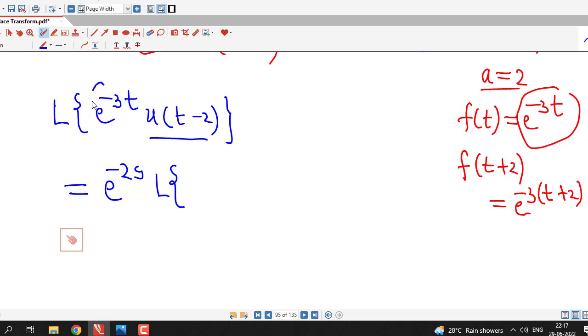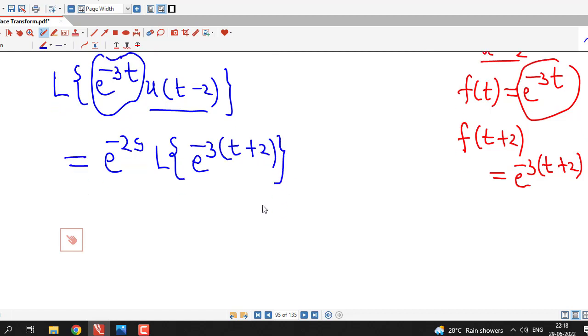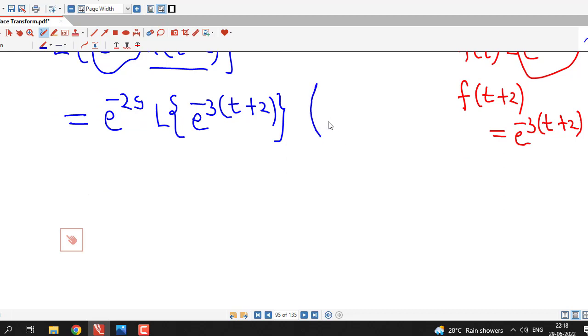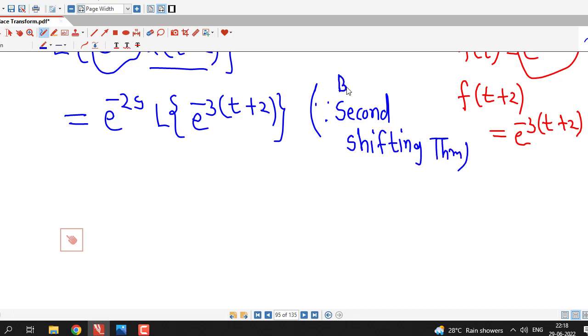F of t is e raised to minus 3t, and in this f of t we have to replace t by t plus a. Value of a is 2 here, so we write e raised to minus 3 times t plus 2, and in the bracket we can simply mention that this is using second shifting theorem, or by second shifting theorem.